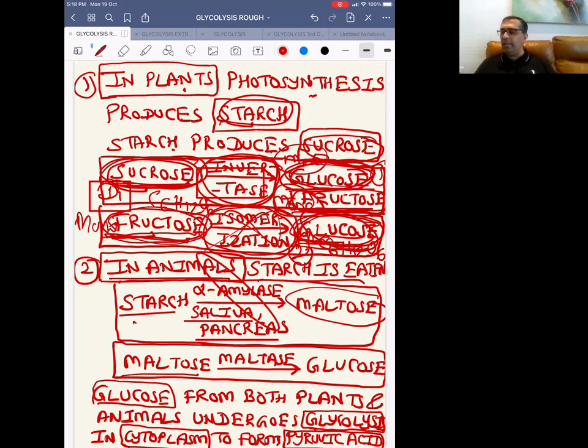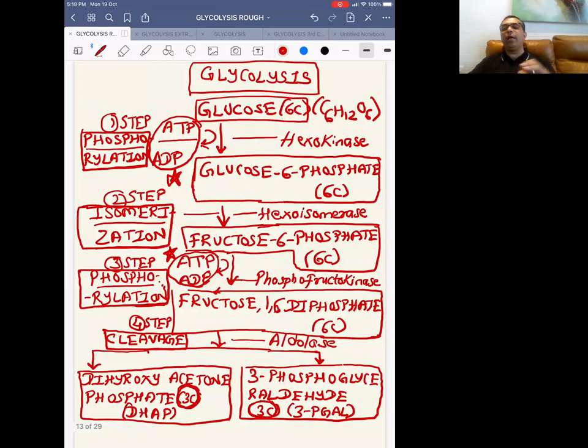And maltose in the presence of maltase becomes glucose. Thus, glucose from both plants and animals undergoes glycolysis in the cytoplasm to form pyruvic acid, and two molecules of pyruvic acid are successfully produced. So we will now see how glycolysis actually takes place.